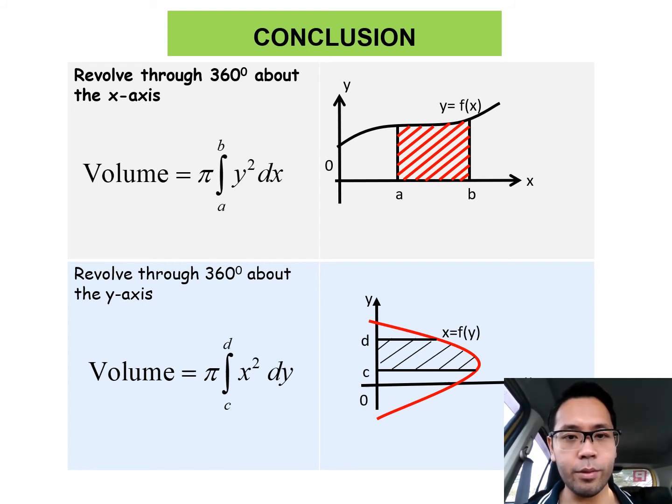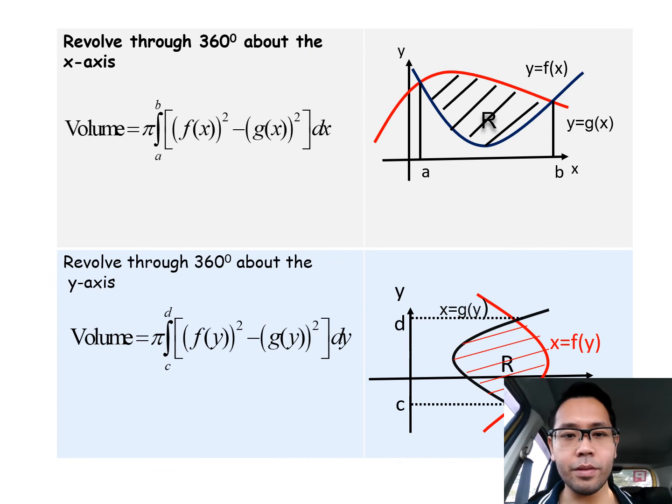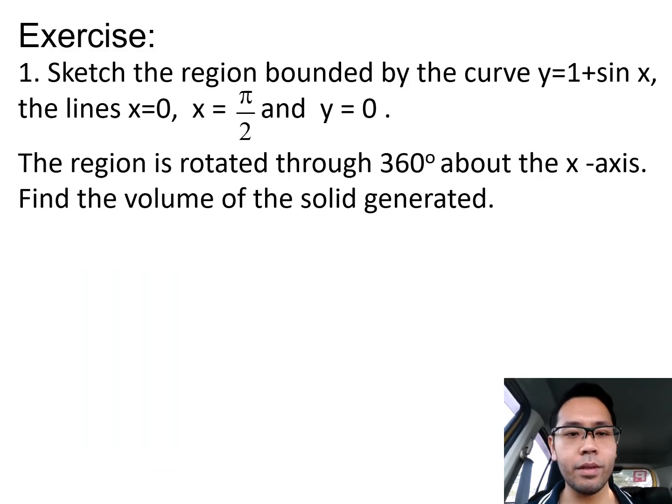Okay, so I would like to go through some examples with you. Nothing much over here, we have covered most of them. Oh, there's one exercise. Sketch a region bounded by the curve 1 plus sine x and the line x equals 0, rotated 360 degrees about the x-axis.